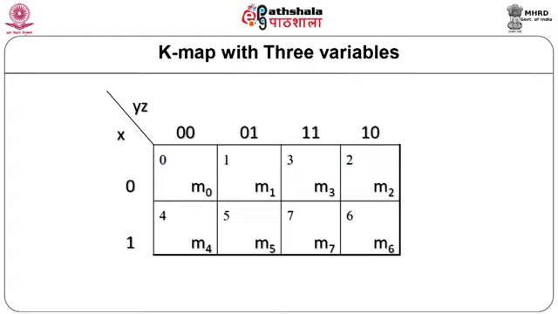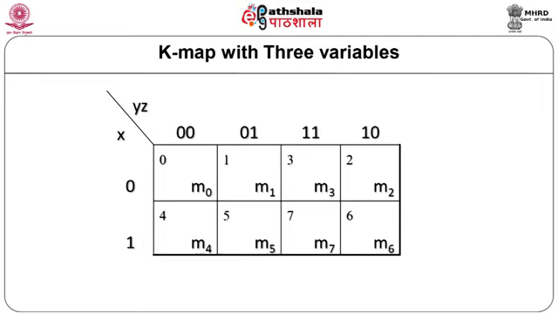Let us now try to understand the structure of K-map of 3 variables. Here the ordering of variables x, y, z is most important. YZ is specifying the column and x specifies the row.